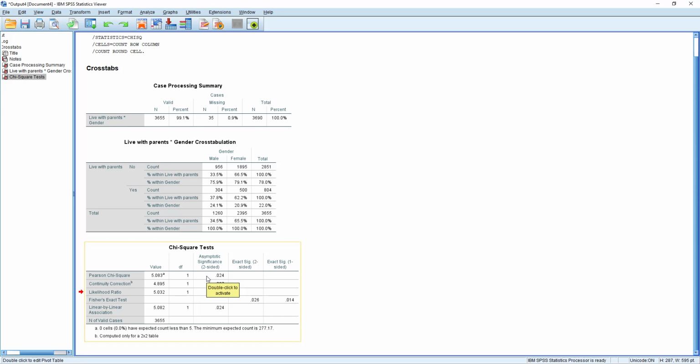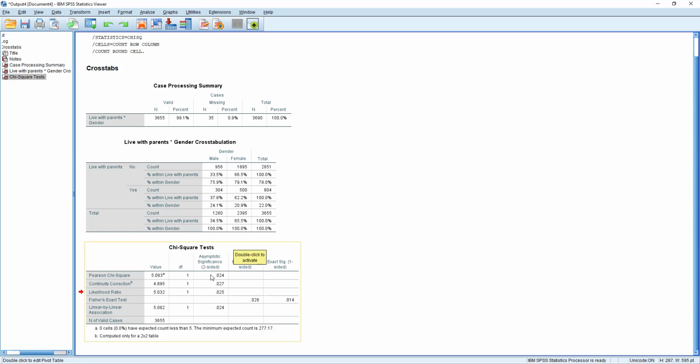We can even look at a 95% significance level. If this number here is less than 0.05, we can say that we can be 95% certain that this relationship between gender and living at home has not occurred by chance.